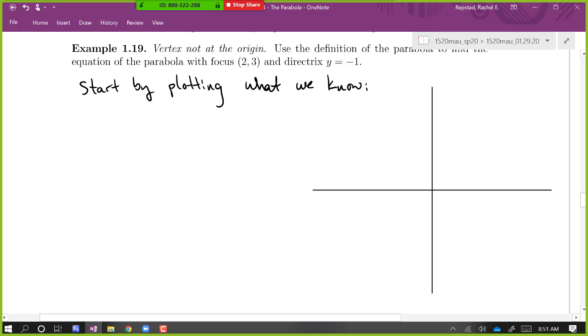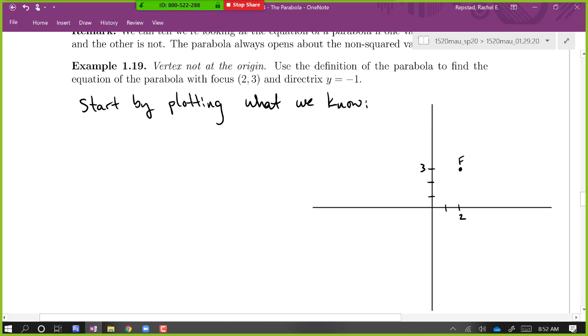So they tell us that the focus is (2, 3), and that the directrix is y equals -1. I mean, all you should need is a focus and directrix. That will uniquely define a parabola.